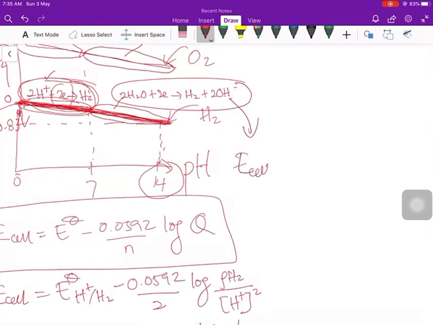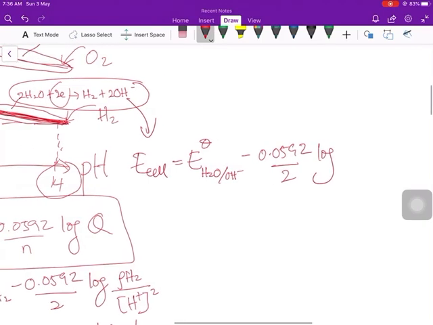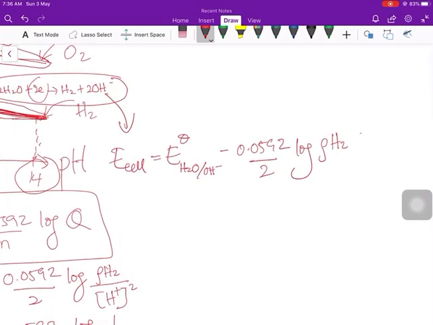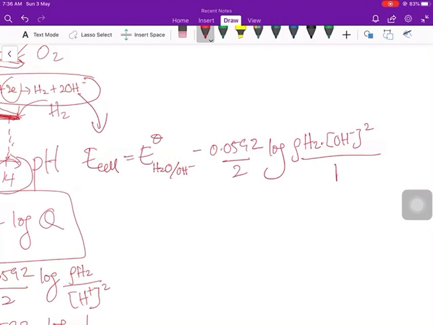If you use this equation, E cell equals E standard, this is between water and OH. Minus 0.0592 over 2, times log of the products: the pressure of hydrogen equals 1, and OH to the power of 2, with water as 1.